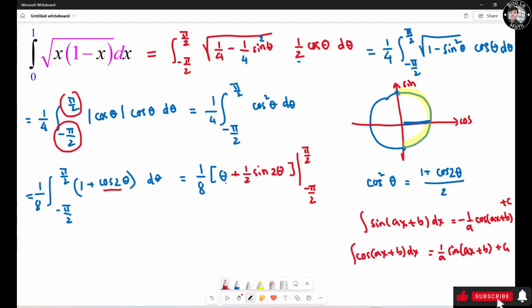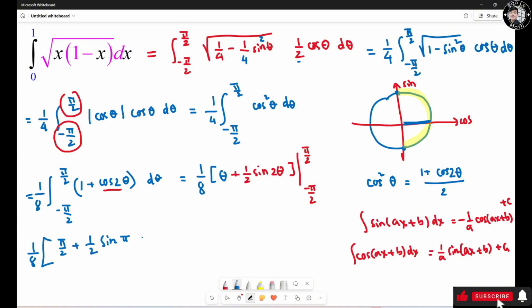Alright, so I substitute pi/2 for theta into this expression. So it's going to be 1/8 times (pi/2 plus 1/2 sine of 2 times pi/2, which means sine pi). And then I subtract this.